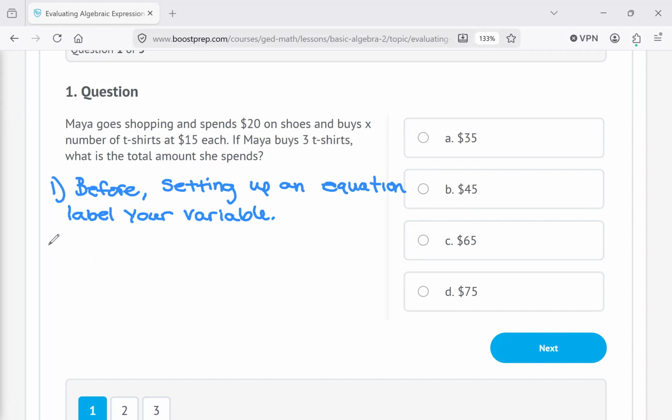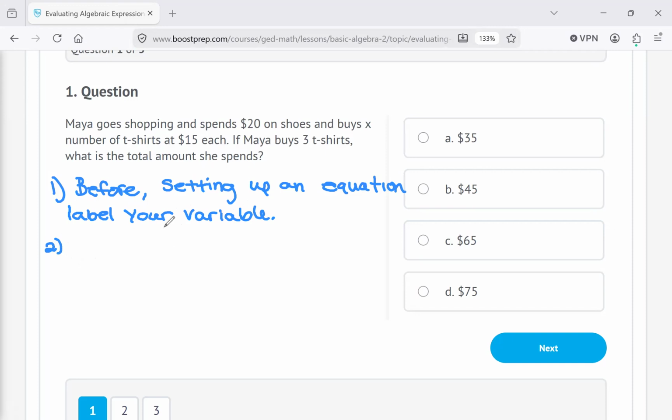That's rule one. The second note is, when you set up an equation and figure out if you're looking for the input, something you put inside the function, or the output, the stuff that comes out of the equation.